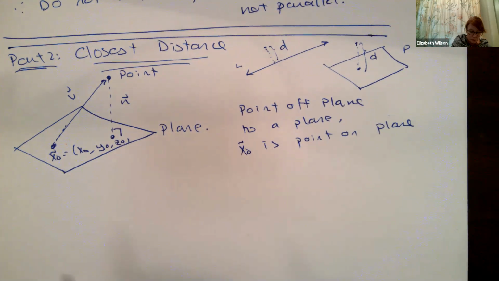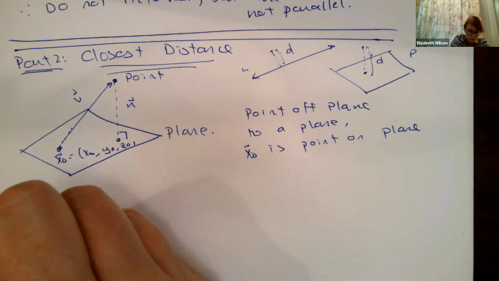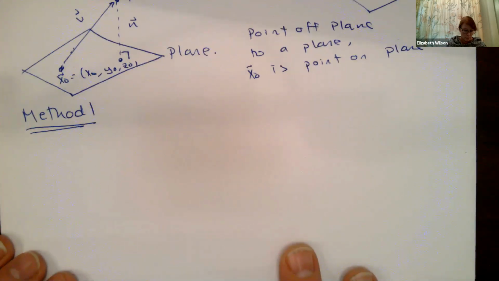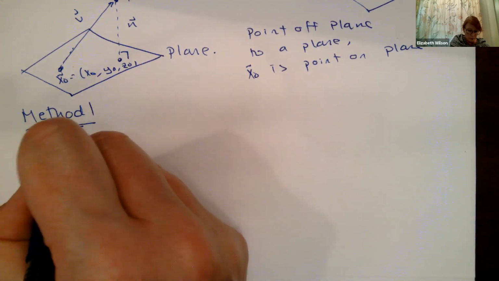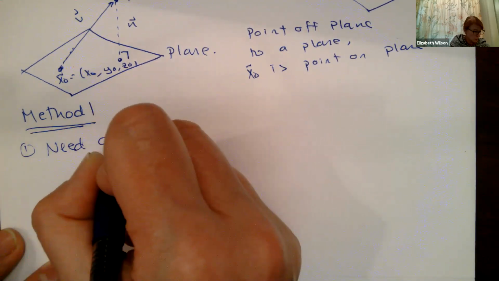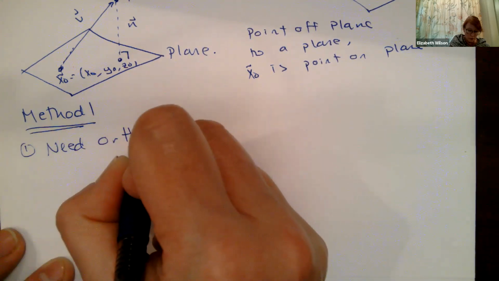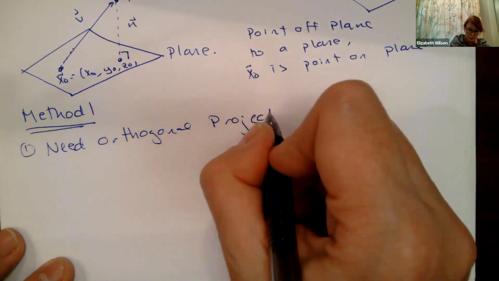All right, so let me tell you the steps for method 1. You can choose which one you like better. Method 1 is orthogonal projection. This one requires projections.